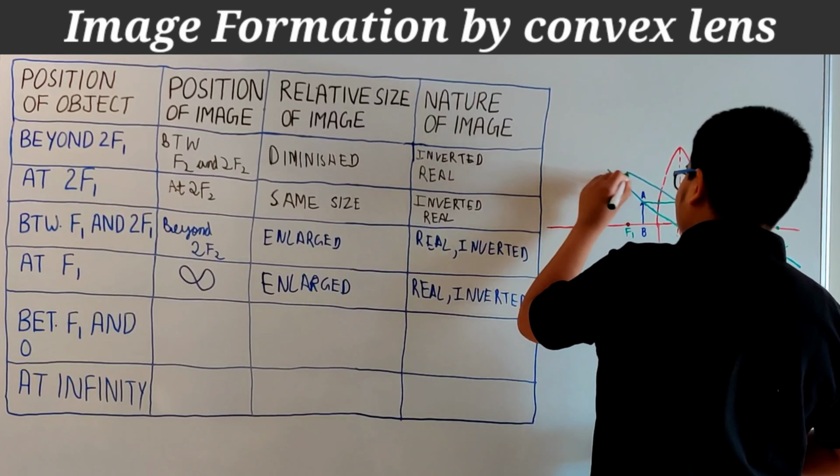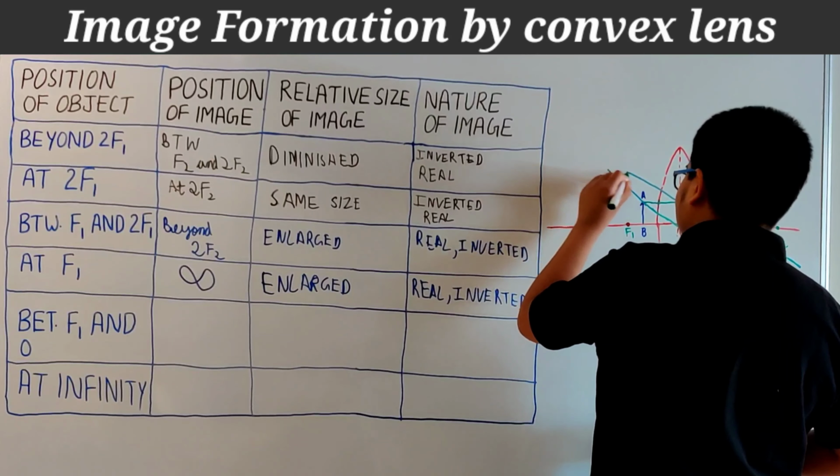So let's start with our rule 1. Let's see what rule 1 says. It says that if incident ray is parallel to the principal axis, then refracted ray appears to be coming from the focus. So let's draw and understand.